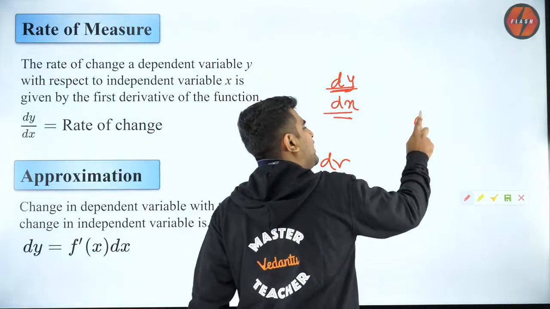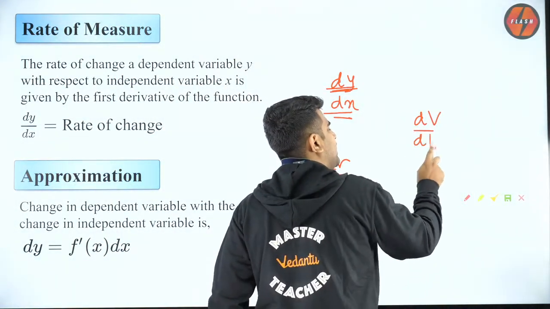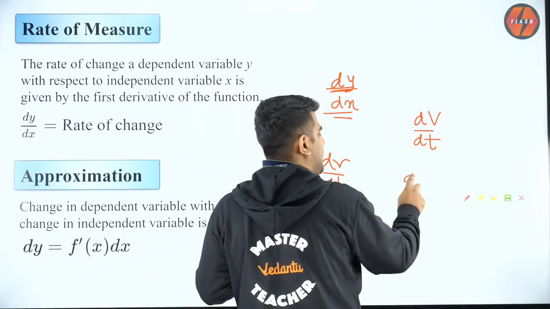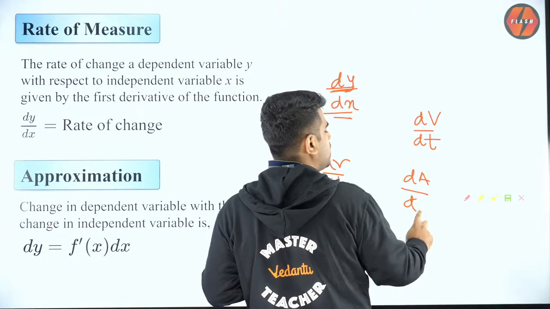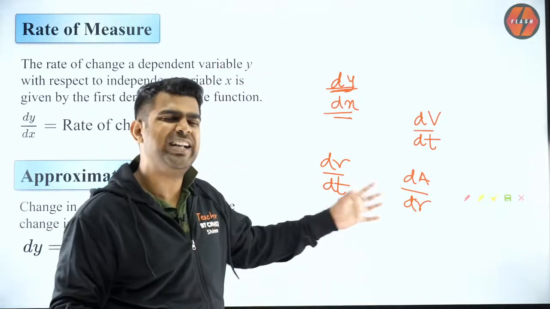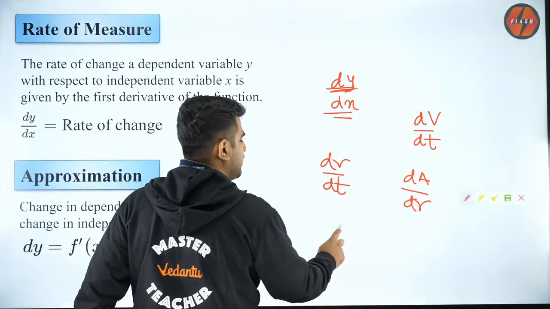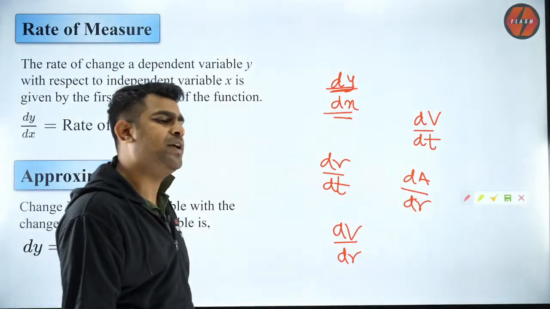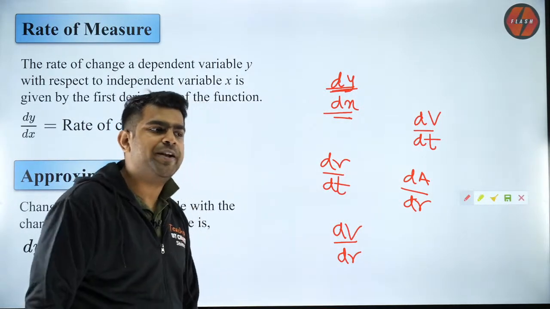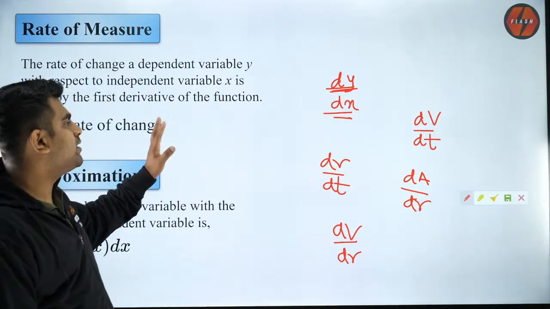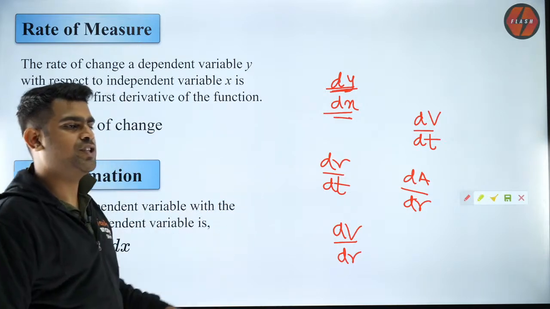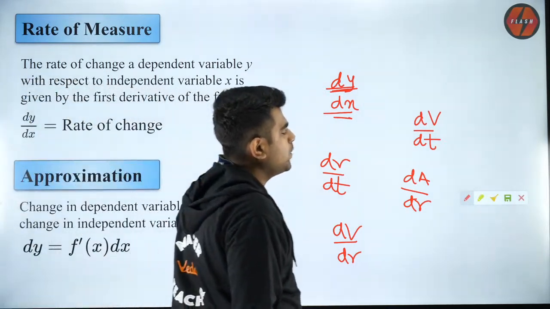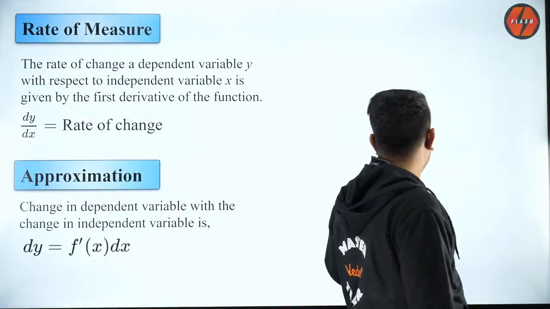When I say dV by dt, I am trying to check how my volume changes with respect to time. When I say dA by dr, I am trying to figure out how my area changes with respect to radius. If I say dV by dr, I am trying to check how my volume changes with respect to radius. Are you guys able to understand that? So that is what is meant by rate measure. Got it? Now we will try to use that in questions and see its application.